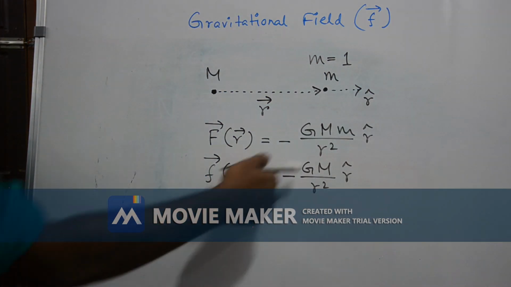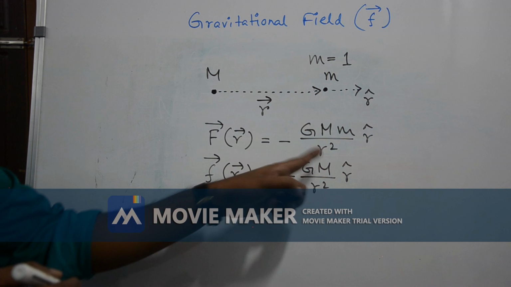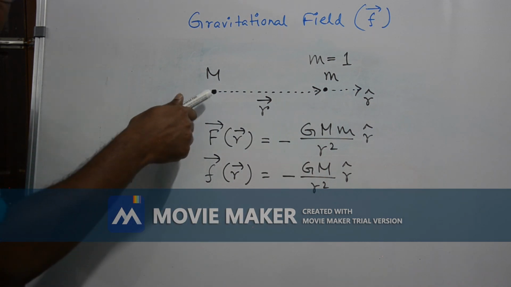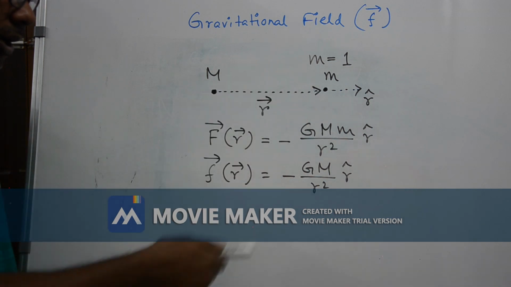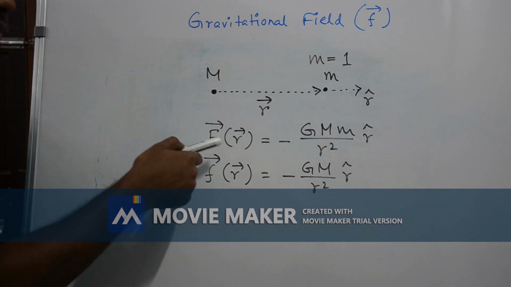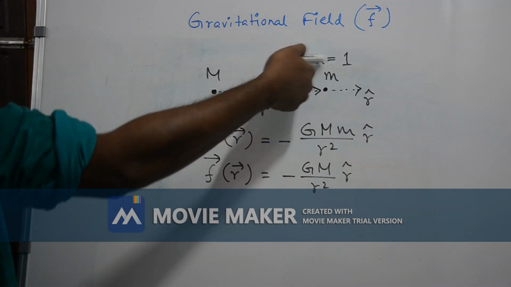This is the gravitational field due to this source mass at this point, which is nothing but the force of attraction experienced by a unit test mass.